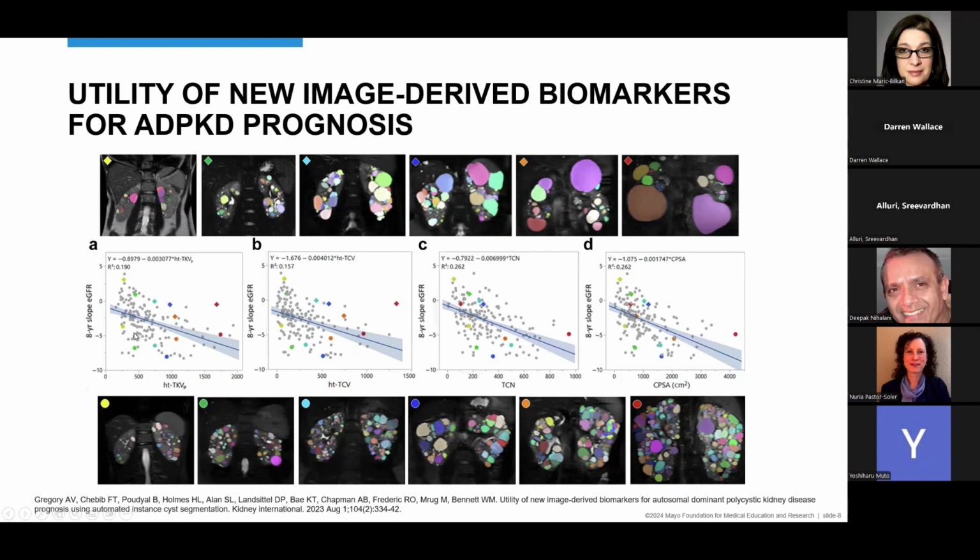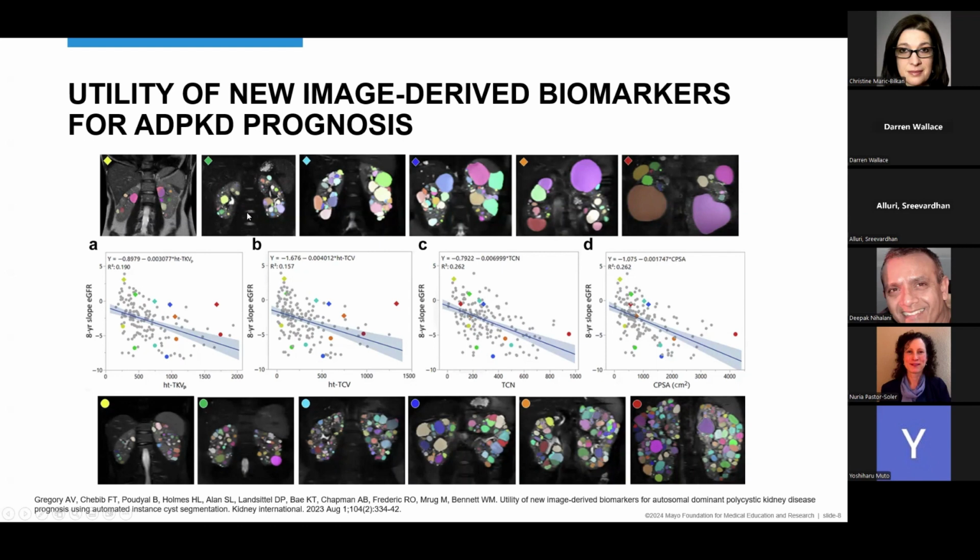And what I think is really nice when we look at this figure, so for one, if we look at total kidney volume and we compare the images from top to bottom, these are each identified patients with very similar total kidney volumes, but actually very different phenotype, appearance of the kidneys themselves.